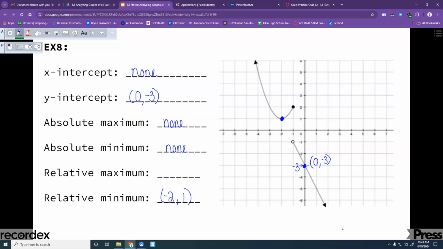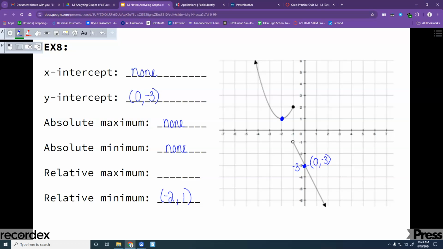Now, there's also some debate in calculus on whether or not this point right here is a relative maximum. It's maddening. In AP Pre-Cal, they would say yes, it is. In calculus, you would not use the endpoint. We're going to go with the definition of decreasing to increasing.